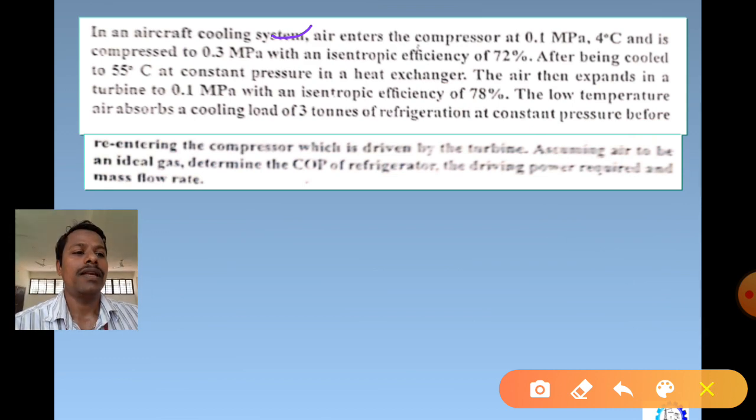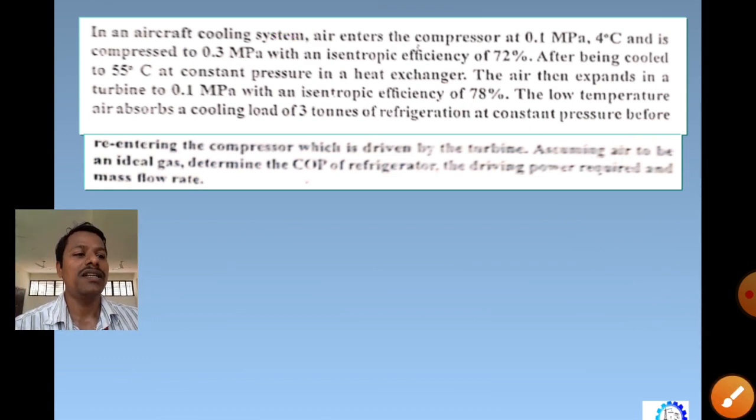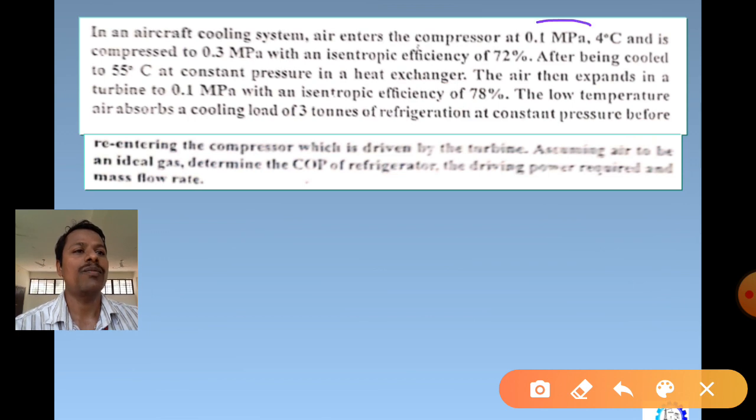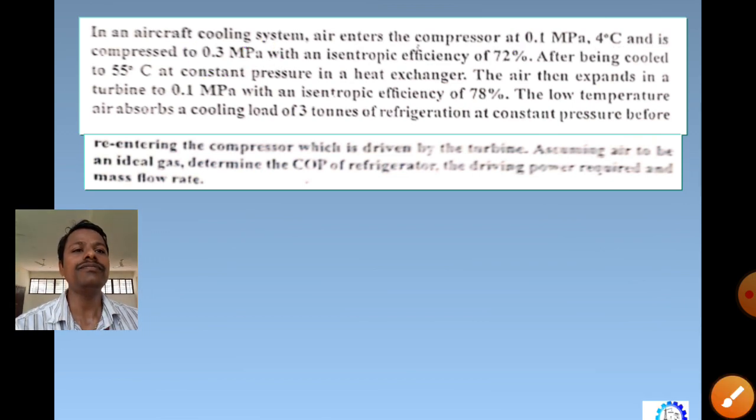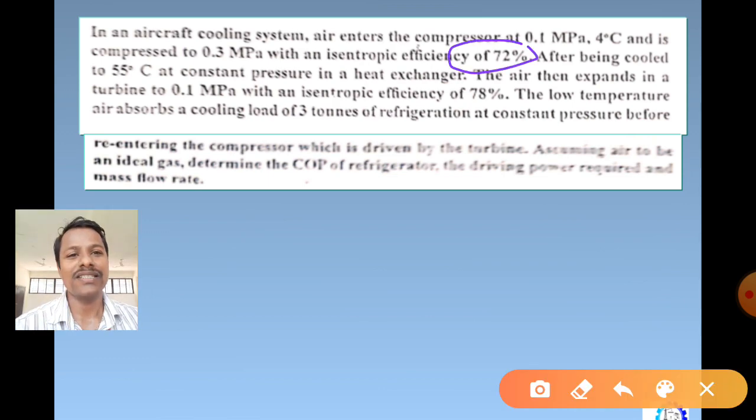Now air enters the compressor at 0.1 megapascal and 4 degrees Celsius, and it is compressed to 0.3 megapascal in the compressor with an isentropic efficiency of 72%. See here, efficiency is not 100%.